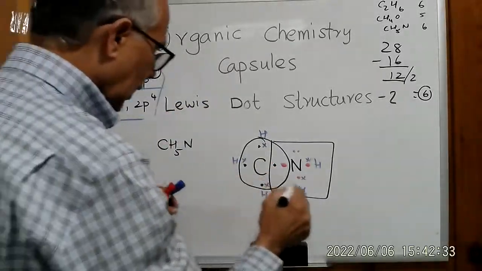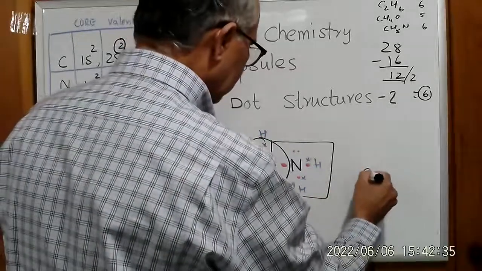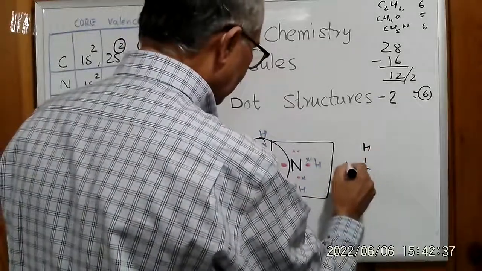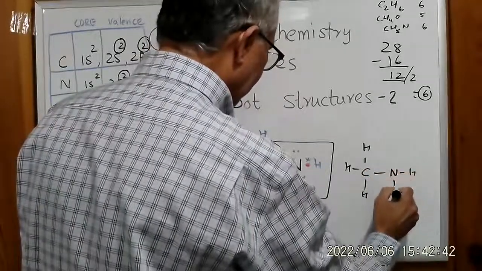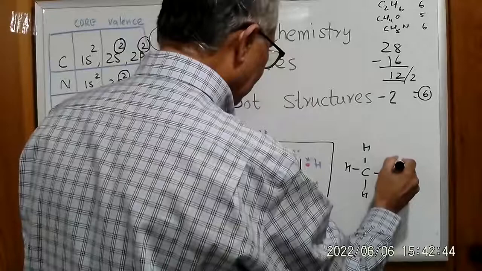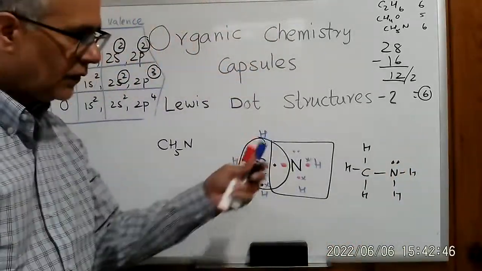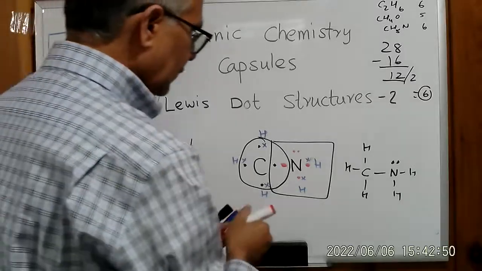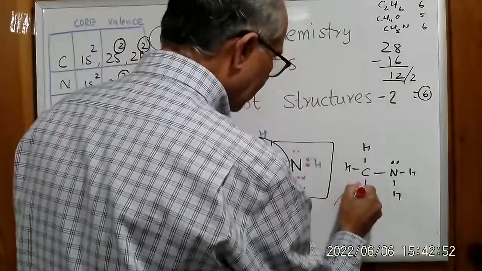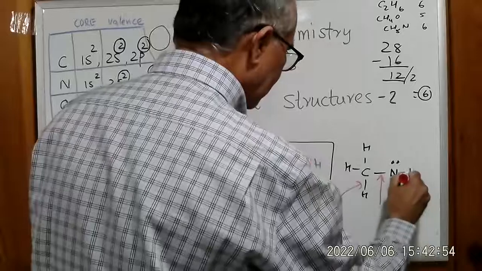So now if we translate that into a structure, you draw it like this, and notice this pair of electrons on nitrogen, they are not bond pairs. See, this is a bond pair, this is a bond pair, that is a bond pair.